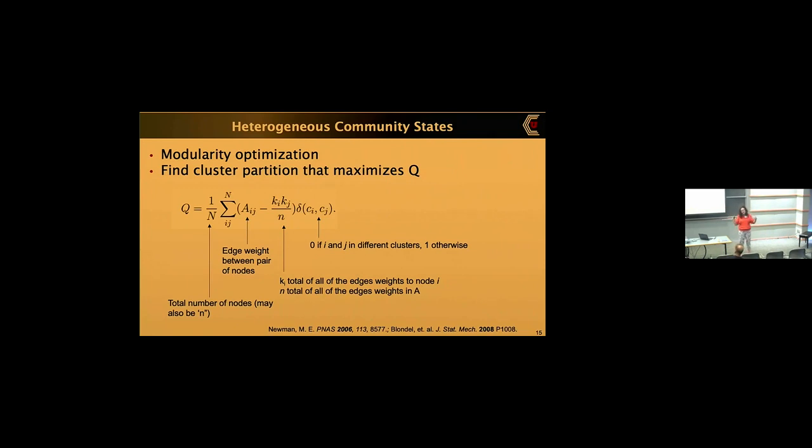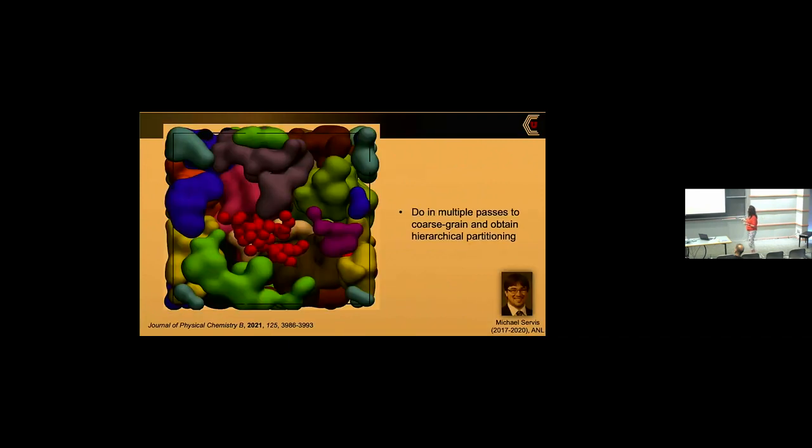Basically, it's maximizing and coming up with clusters or communities identified in the graph where the internal connectivity is maximized and the external connectivity between them is minimized. If you do this on a simple Lennard-Jones fluid that has different particle strengths and particle sizes, you get self-assembly within this fluid, and modularity optimization is very efficient and very good at identifying these heterogeneities in a bulk liquid.